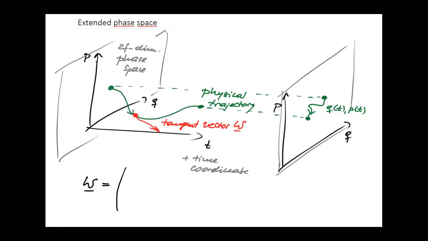Well, it's the time derivative of the position vector in extended phase space. The position vector in extended phase space has 2f plus 1 components. The first 2f components are simply the q's and the p's, and the last component, the additional component, is time.